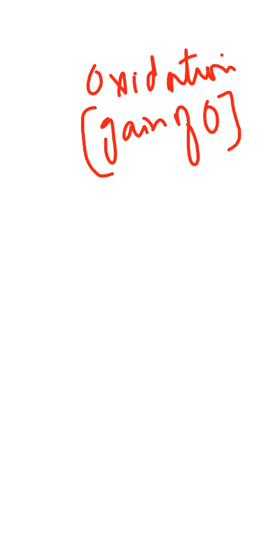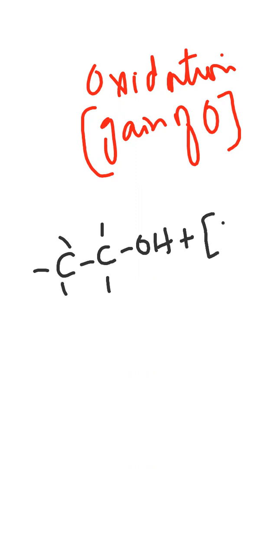Let's bring a compound, CCOH. The empty bonds, these bonds are filled with hydrogen. This is alcohol. So the example of oxidation reaction is, see, this is alcohol. I am adding oxygen here.